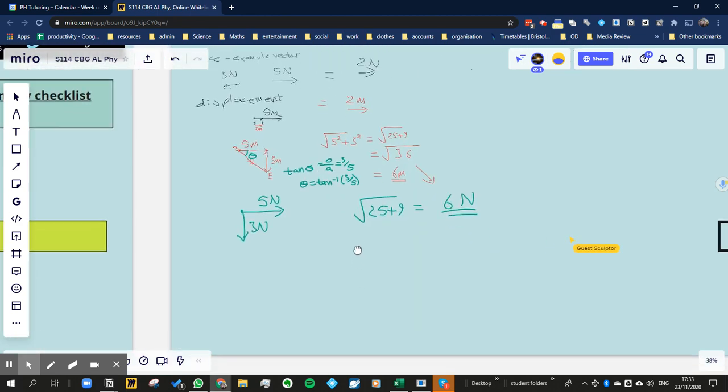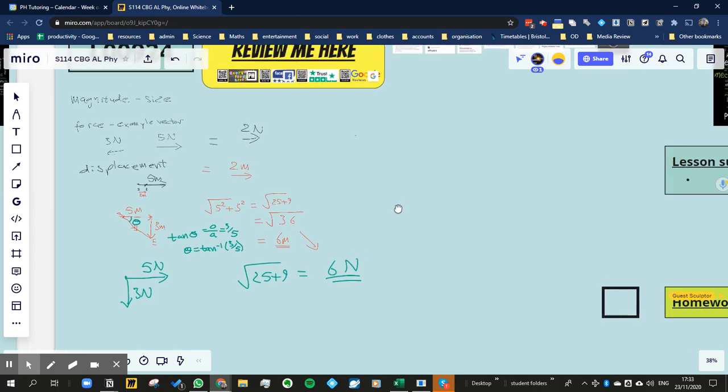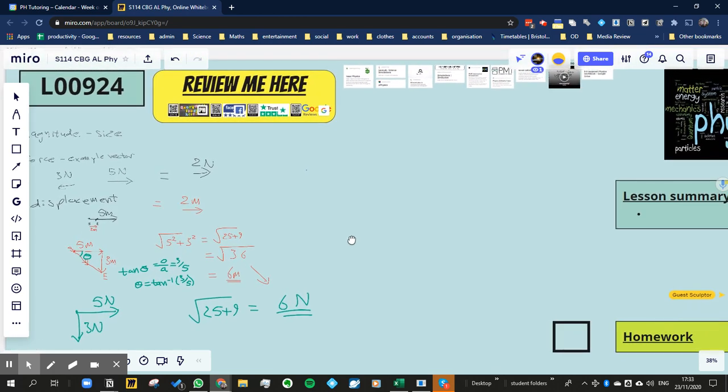What we wanted to get to, though, is what resolving vectors are. Let's imagine that resolving vectors is basically doing the opposite. So let's imagine we had a vector like this. Maybe this is a force, or maybe a velocity, or whatever. It could be many things. Let's take a velocity.